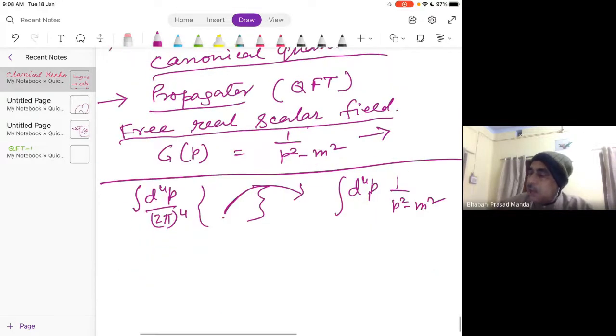This integrand, 1 over p square minus m square, can also be written as 1 over p0 square minus Ep square.